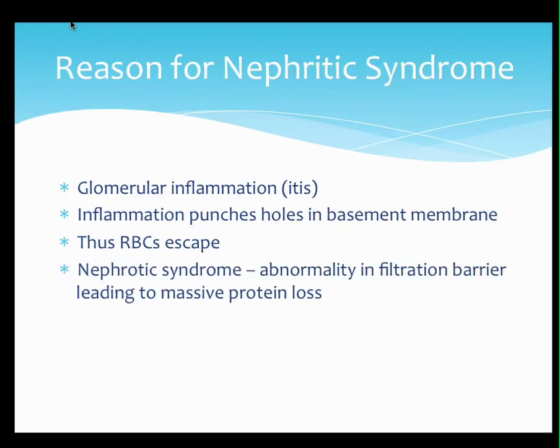This is in marked contrast to nephrotic syndrome, which, as you know, is due to an abnormality in the filtration barrier, which leads to loss of massive amounts of protein in the urine, but usually few, if any, red cells. So nephritic and nephrotic syndrome are defined primarily by findings in the urinalysis.